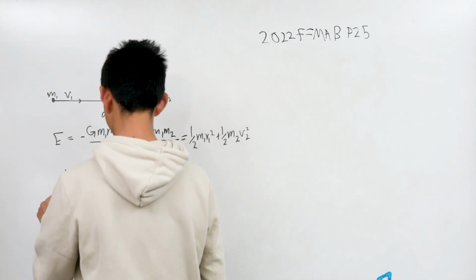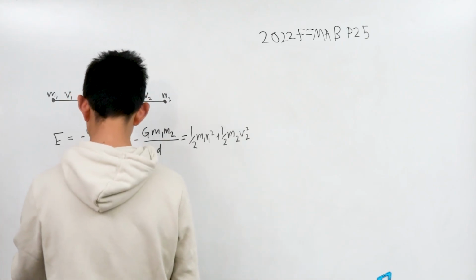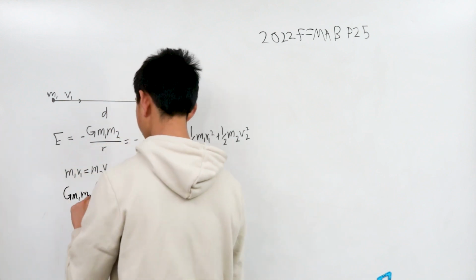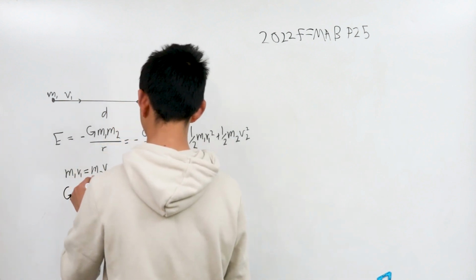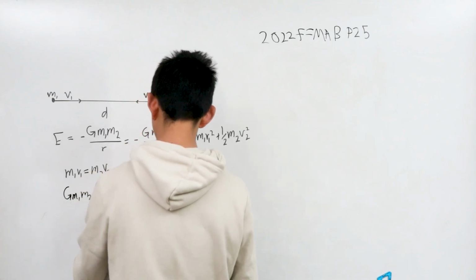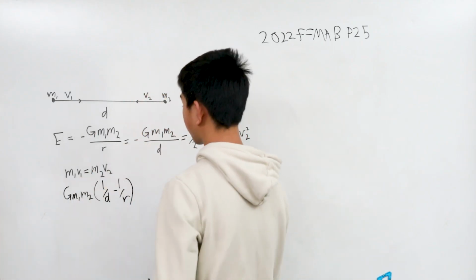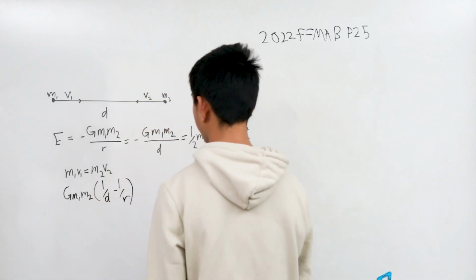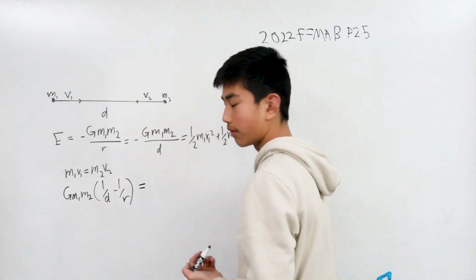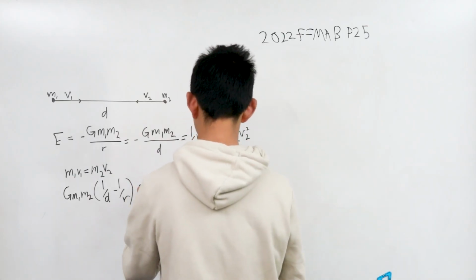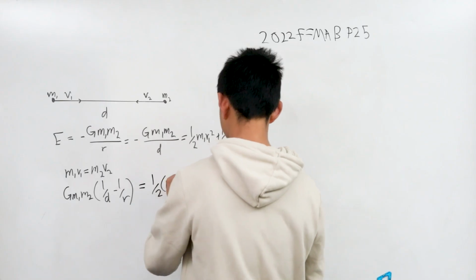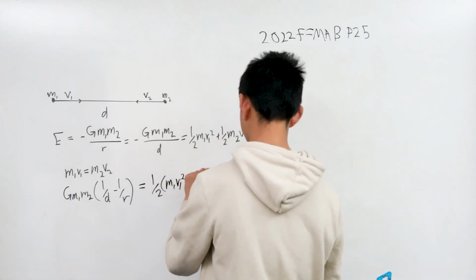So this becomes G mass 1 mass 2 times 1 over D minus 1 over R, because you add over it and then subtract the R, which is the negative. And right away you can see that you can factor out a 1/2. So this is 1/2 times M1 V1 squared plus M2 V2 squared.